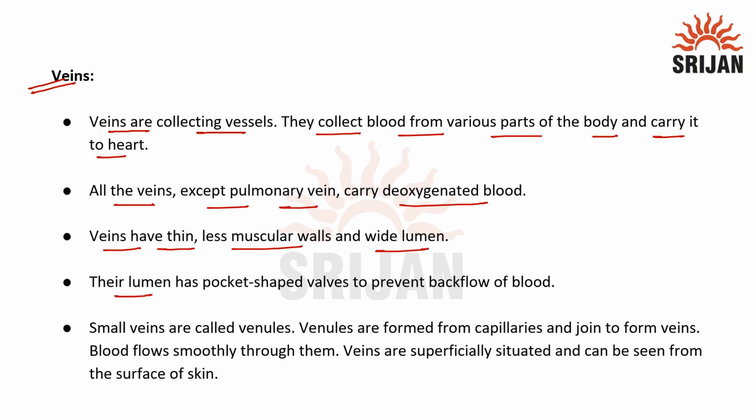Their lumen has pocket-shaped valves to prevent backflow of blood. Small veins are called venules. Venules are formed from capillaries and they join together to form veins. Blood flows smoothly through them. Veins are superficially situated and can be seen from the surface of skin.